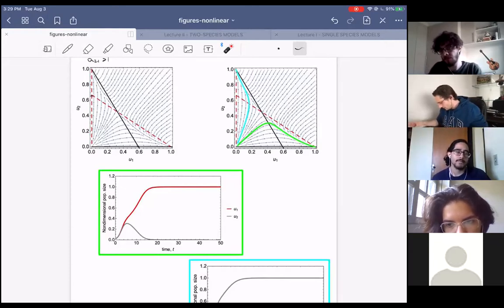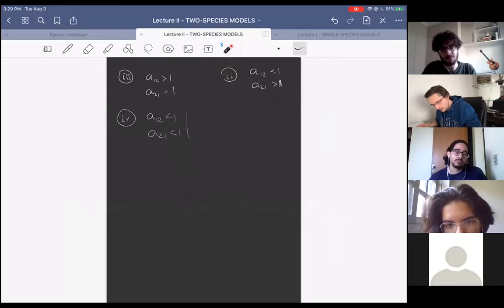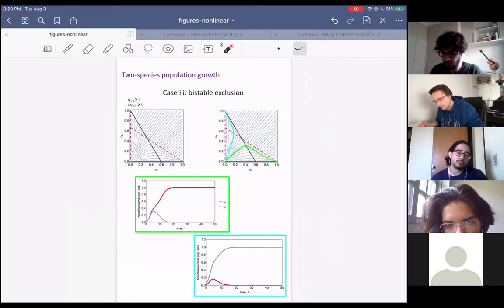So let's move now to the fourth case. The fourth case is the one where we have both coefficients smaller than 1. And we're going to see what happens in that case.